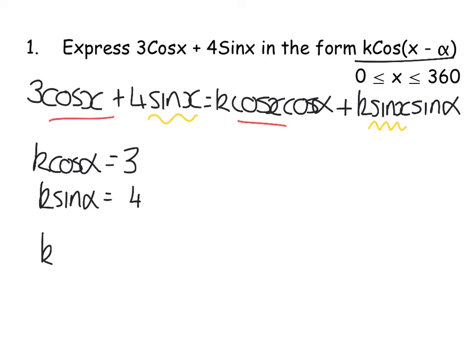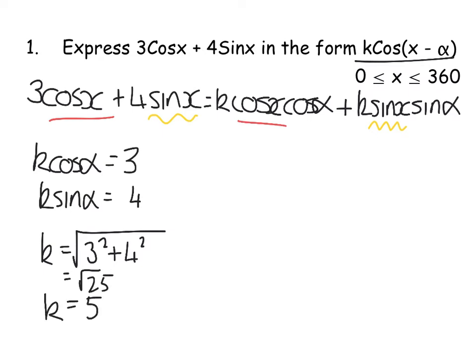Then I do the wee bit of Pythagoras to get k. So k is the square root of 3 squared plus 4 squared, which is 25. And that gives us a nice number of 5. So k is 5. Then we're going to do the tan. So remember, tan alpha is sine over cos.